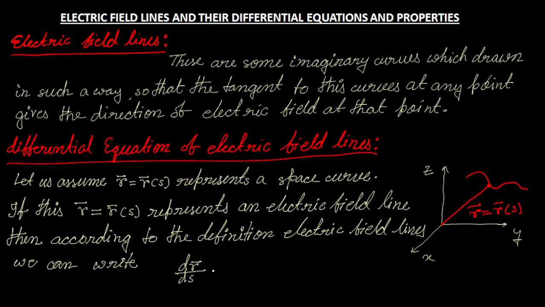So this tangent vector must be parallel to the electric field, because according to the definition, the tangent will give the direction of electric field. So in other words, this tangent vector will be parallel to the electric field.